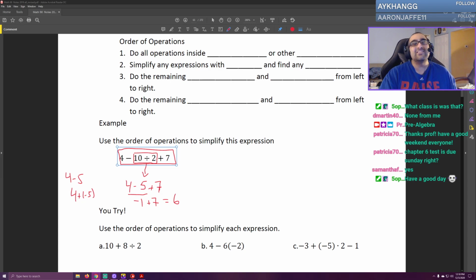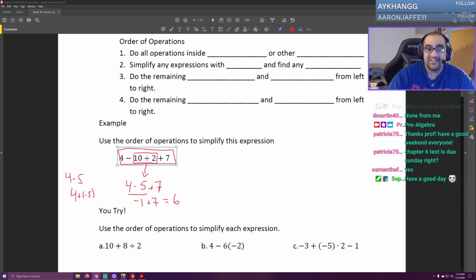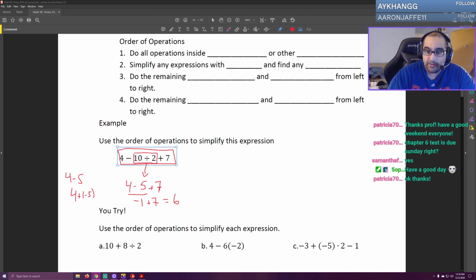The chapter 6 test is due on Sunday. Oh my gosh, I can't even speak. Yes, the chapter 6 test is due on Sunday. That's correct. And we're going to talk a lot more about chapter 9 and then the final exam as well. I have a little bit more work to do over the weekend, and I'll have a lot more details for you once that's all put together.